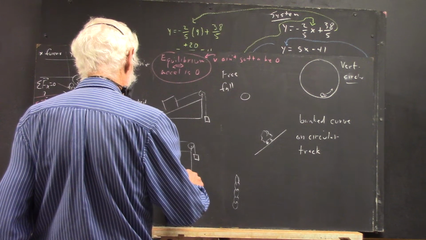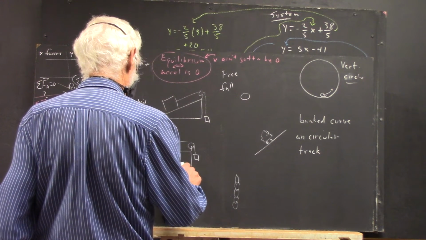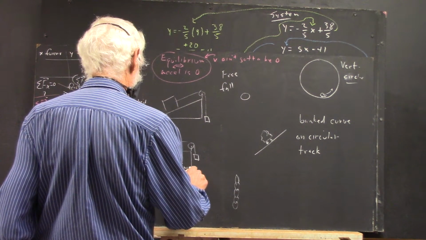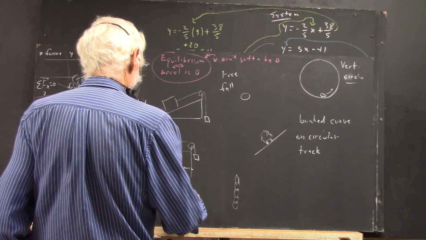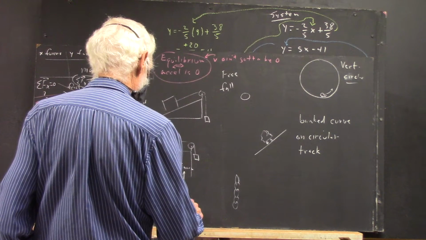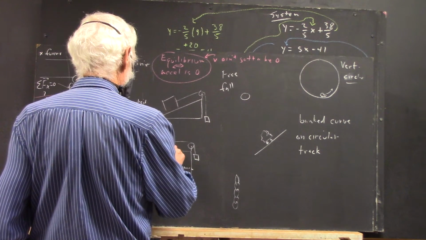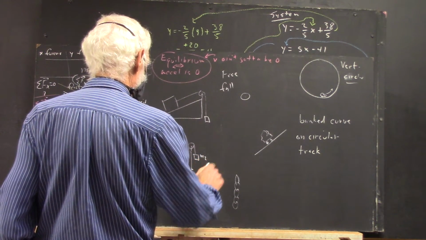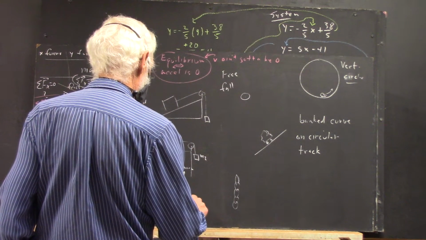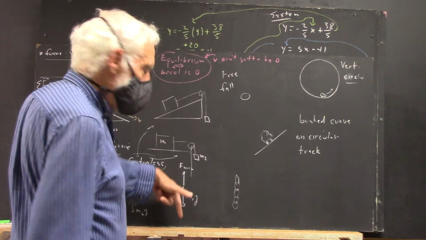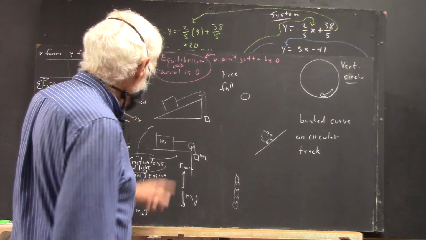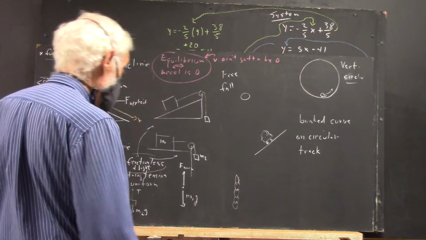One, you got the normal force, call this M1, call this M2. You got the normal force up, M1G down. You have the tension, which is to the right in all cases.